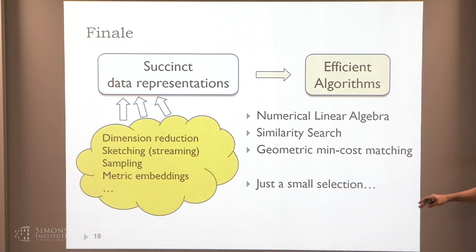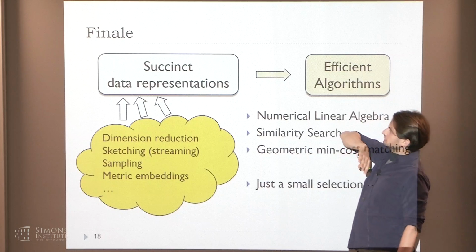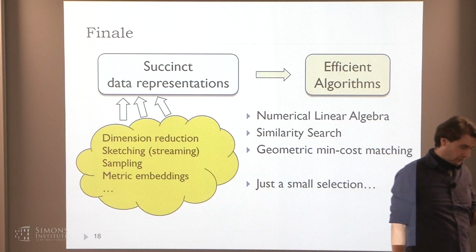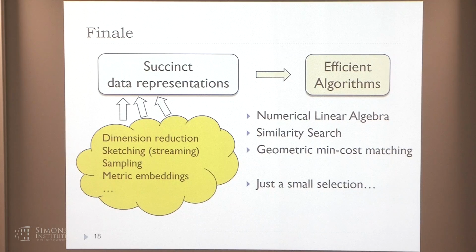I'll finish here. The main point that I wanted to mention is that we can think about succinct data representations as certain kinds of objects, where the definition is problem specific. For different problems, you might have different properties.